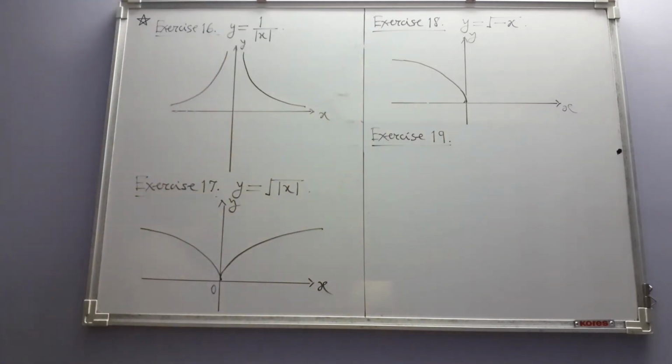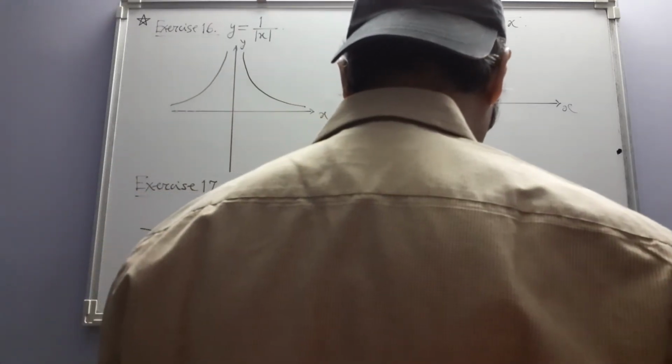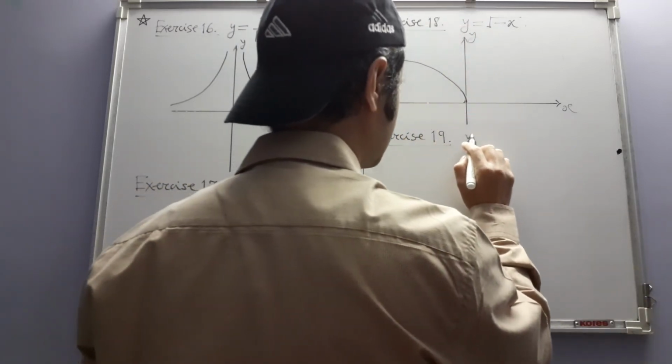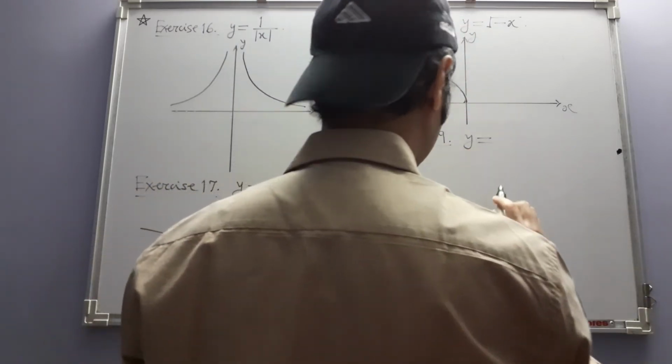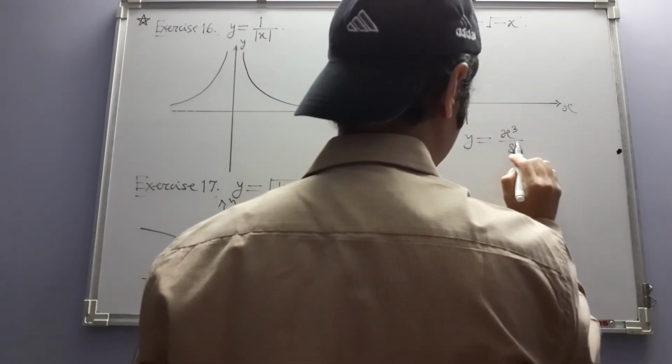Then 19 is something else entirely. This is y equal to x cube divided by 8.